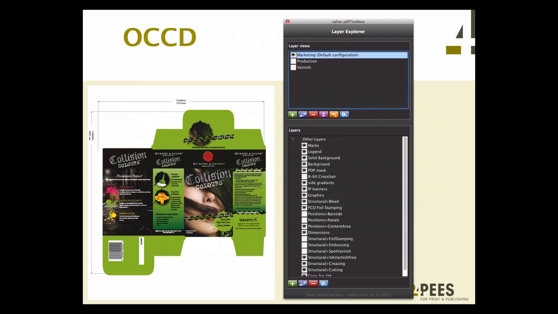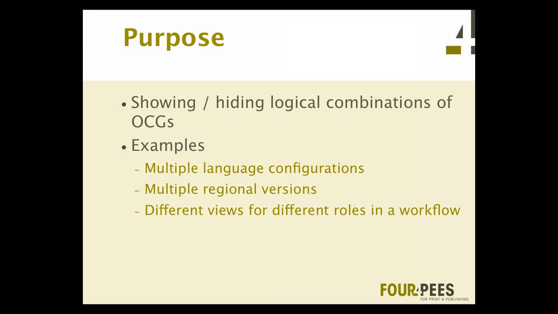If I would go to production, I would get that other view where you see all of the information, including the varnish on top of it and everything, and the marks and the legend at the bottom and all of that stuff. Right? So think of OCCDs as logical groupings of OCGs, or different views on that same file.